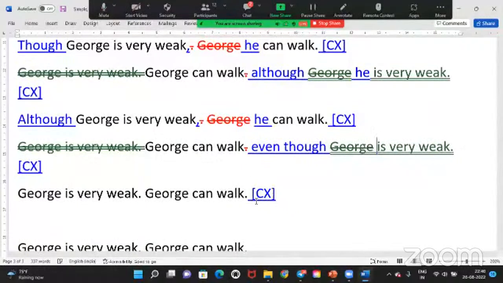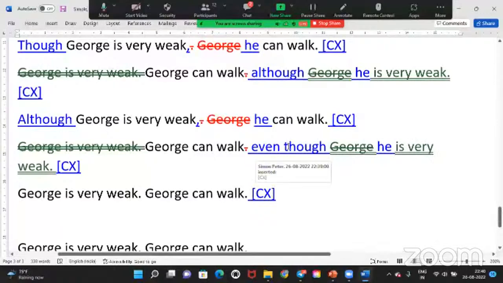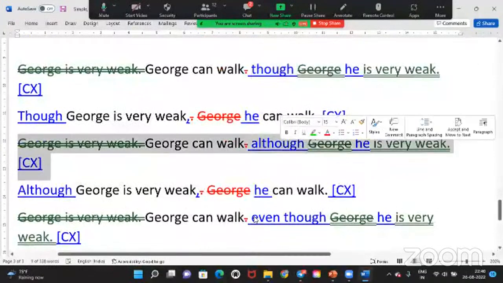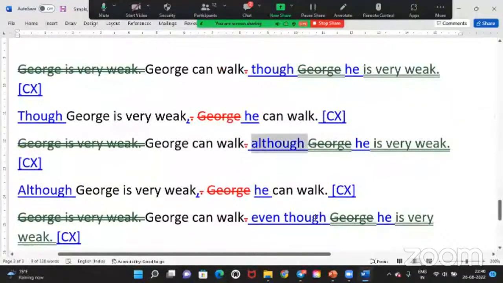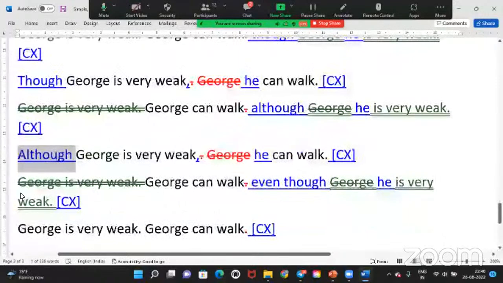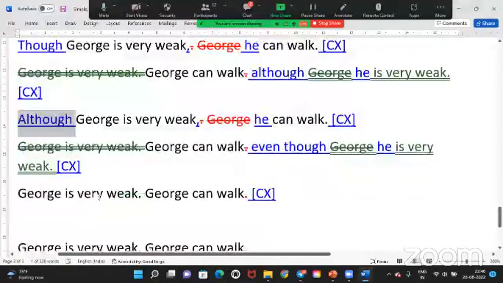George can walk even though he is very weak. Even though, two words. Though is one word in the middle. Although is one word in the middle. Even though, two words in the middle. And here though, one word in the beginning. Although, one compound word in the beginning. And here, two words in the beginning.